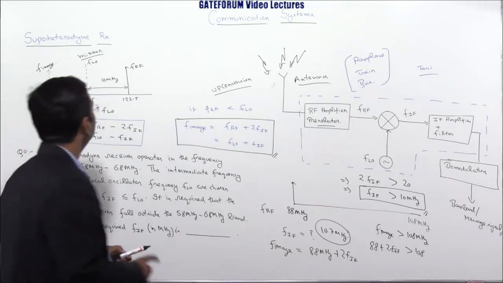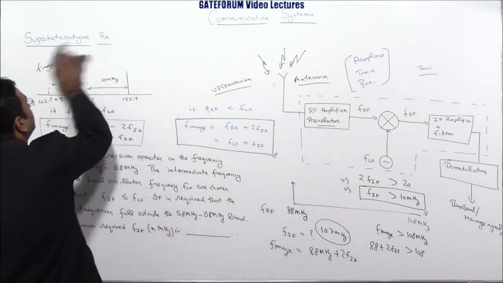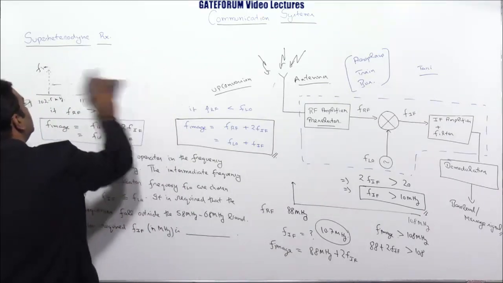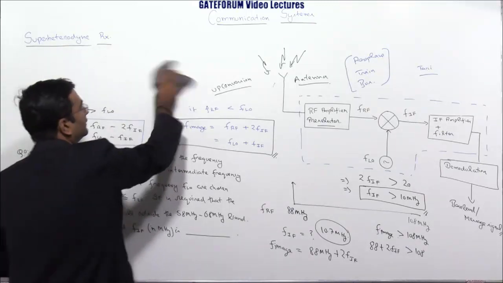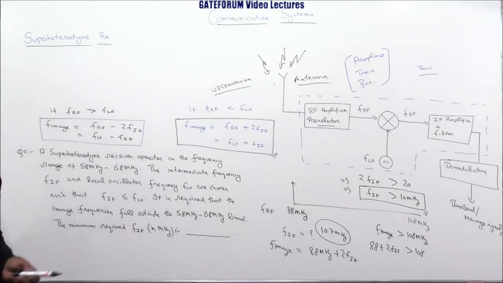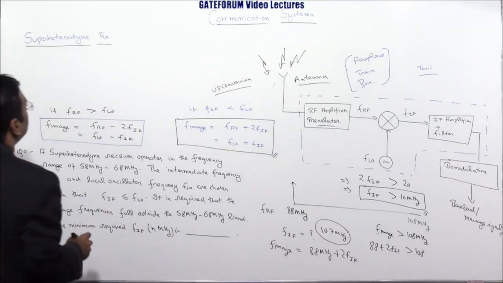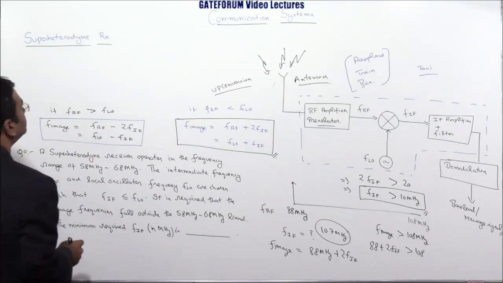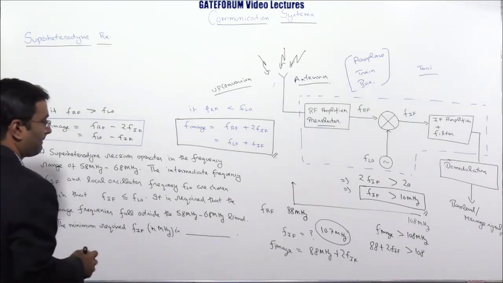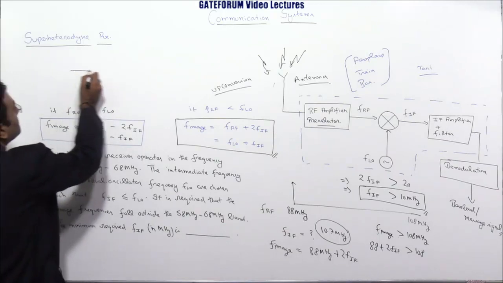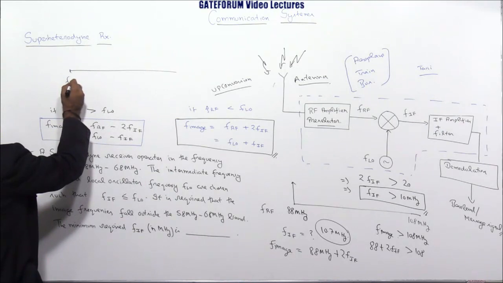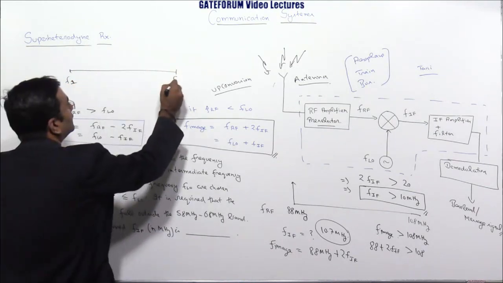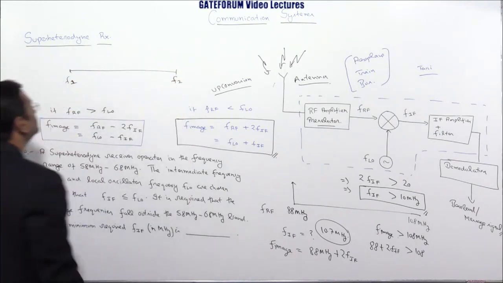Now this has got a relationship that we can always use to find out the FIF. Let's see what is that relationship. Suppose this is F1, let's say this is F2.